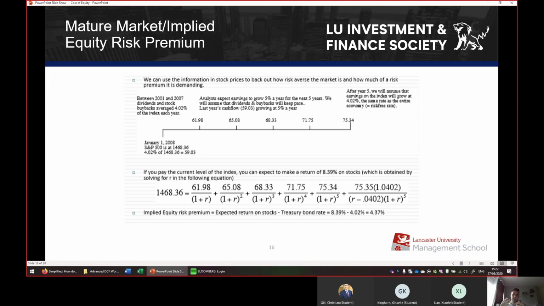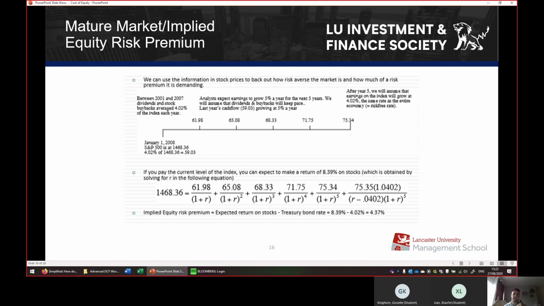In the US, the S&P is the best because it's the most representative of that equity market. And I can use the S&P value right now, the index's value, and I can also see the cash flows that are forecast for the next however many years. And I can use IRR to figure out the discount. Now, the discount here would be representative of the premium of investing in the US equity market, okay?